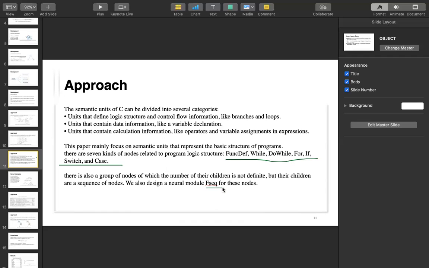That means if we have a tree structure which has multiple children, like n children, where n is bigger than 2 but we don't know what exactly n is, then we can use this sequence module to parse the sequence of children into this module.